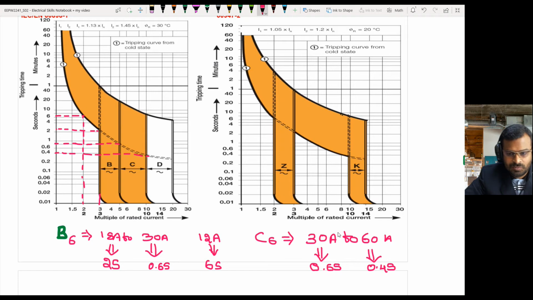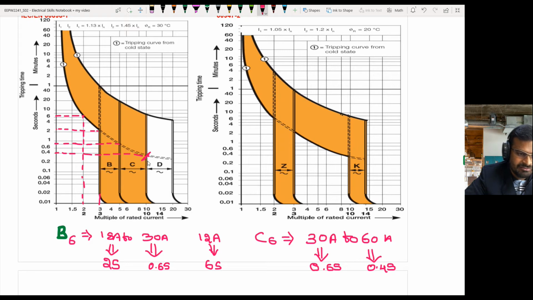If it goes beyond this value, for example in the C type, after this 10 IN the time taken to trip dips very fast.